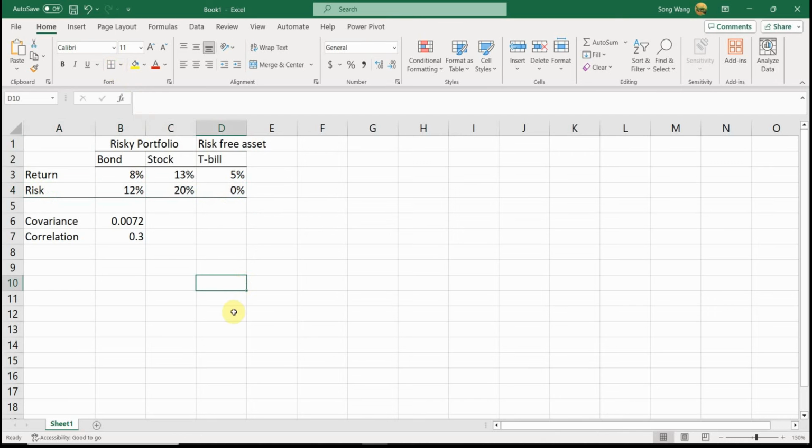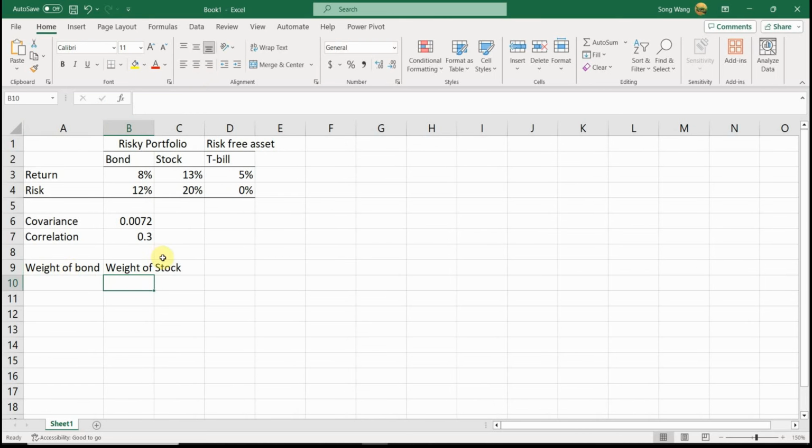Okay, so now I'm going to create a portfolio. I will use a weight of bond and a weight of stock. I can put a negative weight on my stock. A negative weight on the stock basically means I'm short selling the stock.